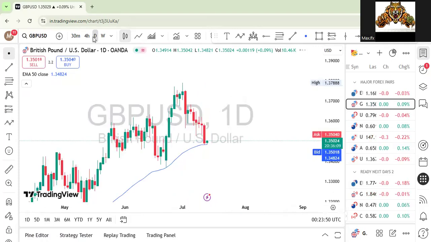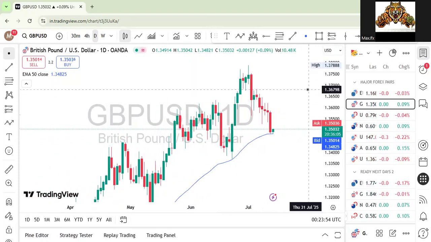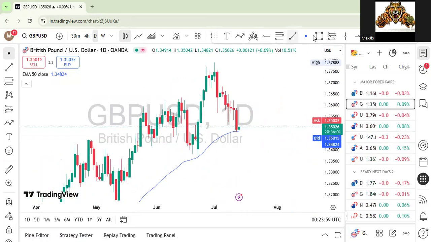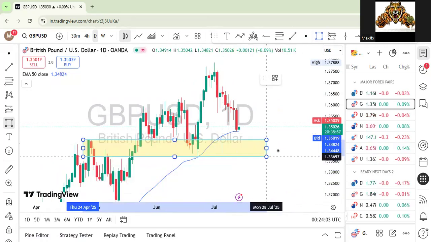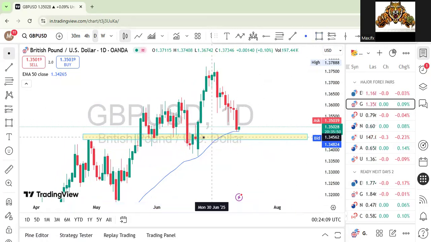Okay. So where will we enter? Where is our zone? To find our zone, I'm going to use this zone right here to read the place. So my entry point will be somewhere right here.